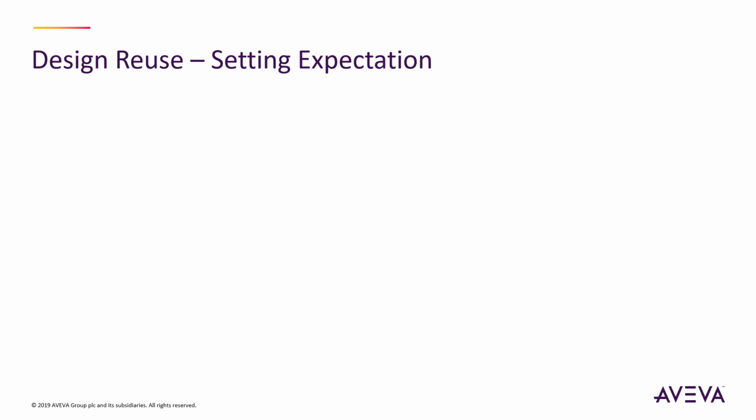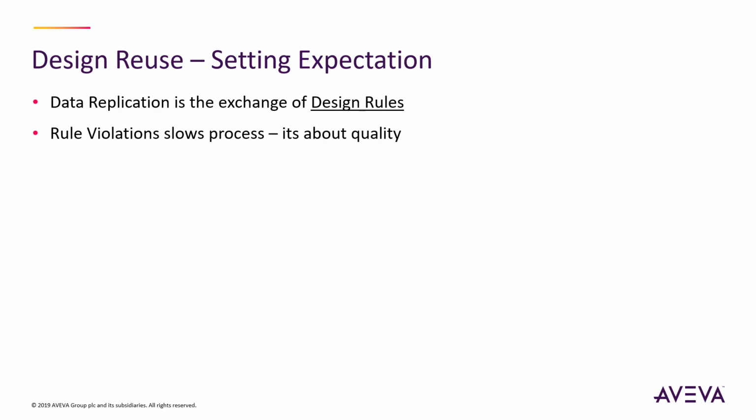Now we need to be quite careful with setting the expectations for design reuse. We are talking about exchanging design rules, we're not talking about exchanging typical geometric CAD data. Therefore, it's essential that the design rules can execute in the target project to be successful. If they are unable to, if you get rule violations, trying to correct these becomes a slow process.